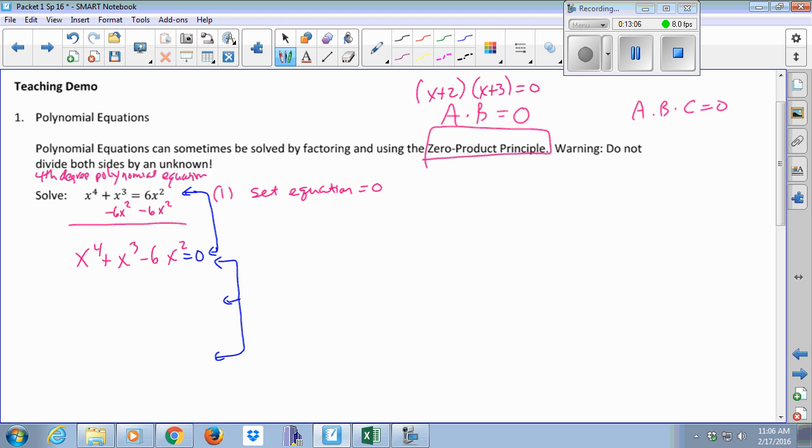Okay. So you've set the equation equal to 0. Now what's a poor algebra student to do? No, not a common multiple. You're close. Common factor, right? So you want to find the greatest common factor, which is x squared in this case.